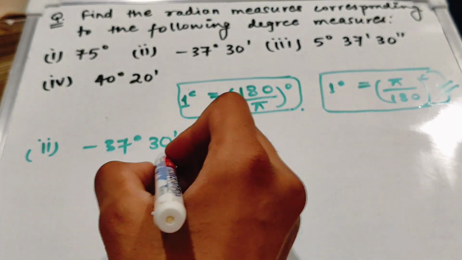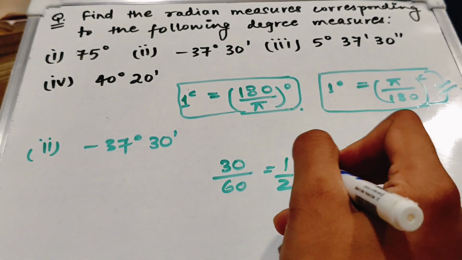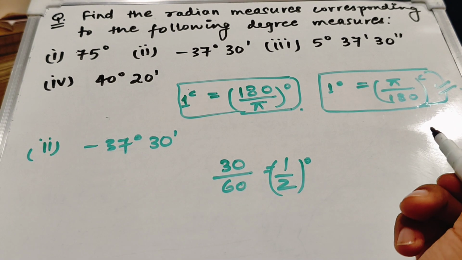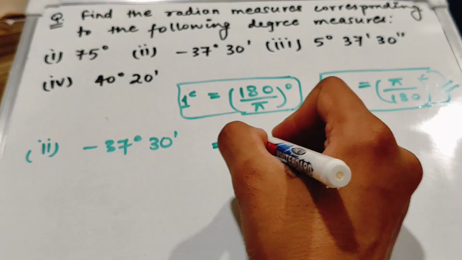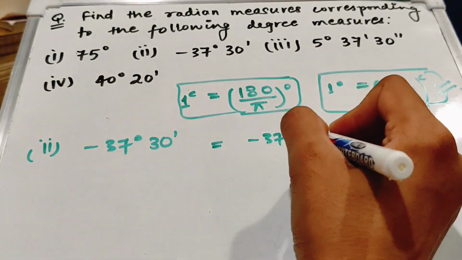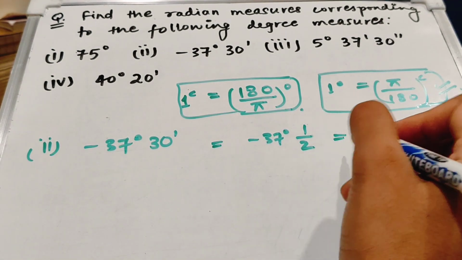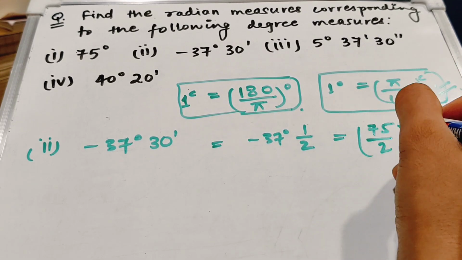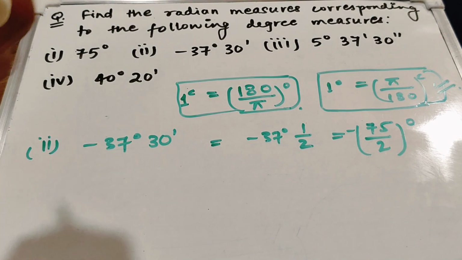So 30 by 60 is half. So this is the portion that I have in degree now, which means that this is 37 degree and half, right? Now when I solve this further, I will get 75 by 2 degrees. Very simple.